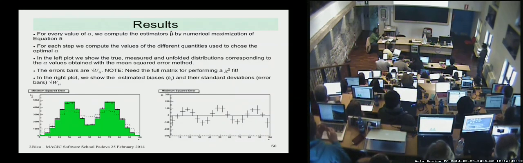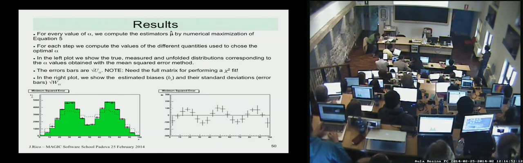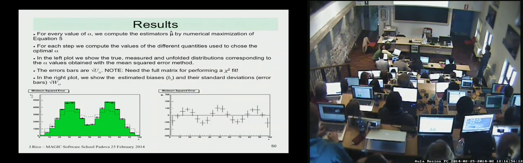This shows the variance and the bias for each one of the estimators. This is the bias, the central position, and the error bar here is the variance of the bias. Here, the error bars are the variance of the estimator itself.